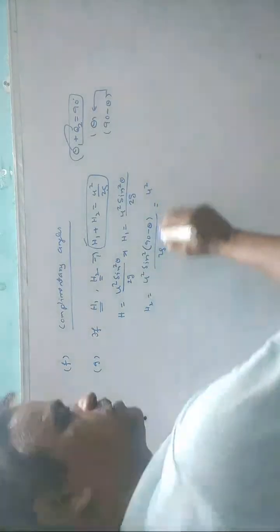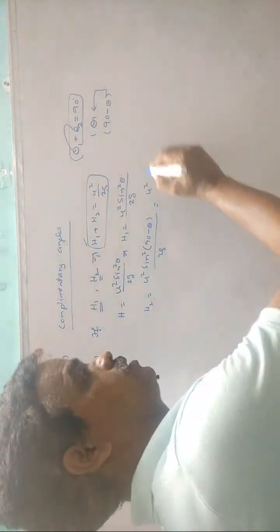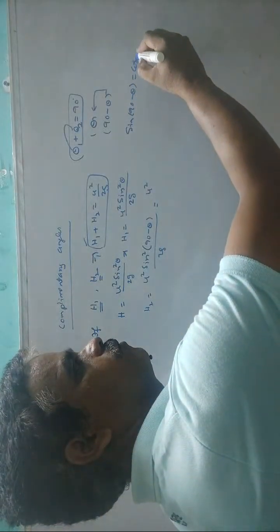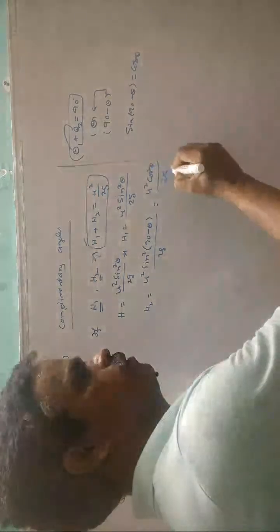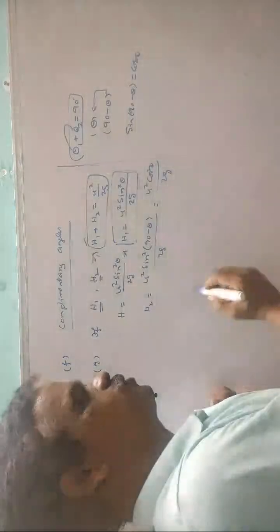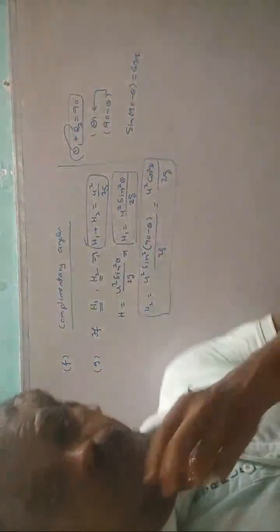Sine of (90 minus theta) equals cos theta, so just substitute here: u square cos square theta by 2g. H1 is u square sine square theta by 2g, H2 is u square cos square theta by 2g. So what about H1 plus H2?